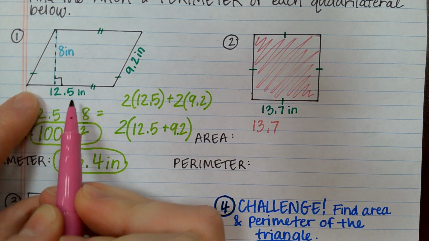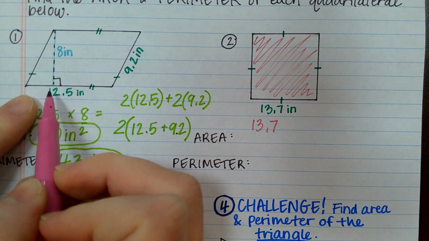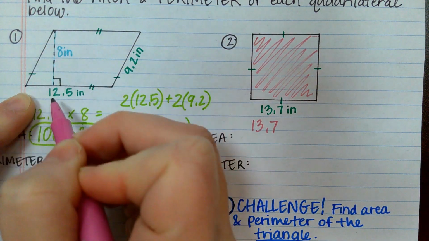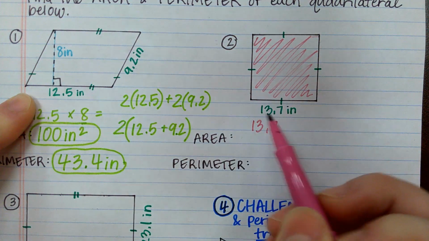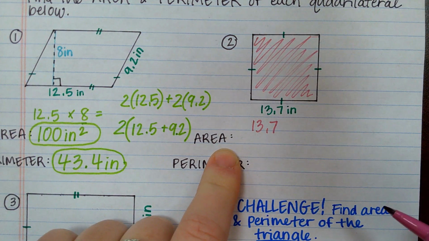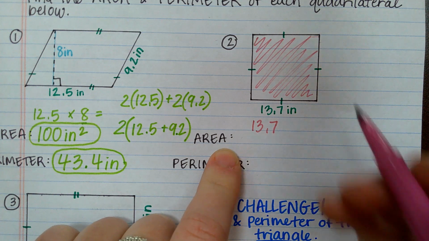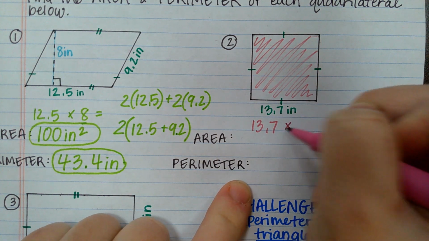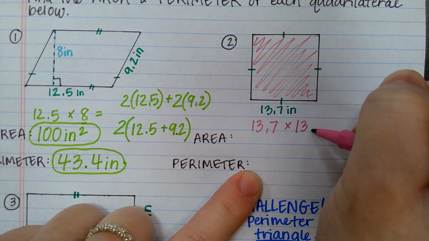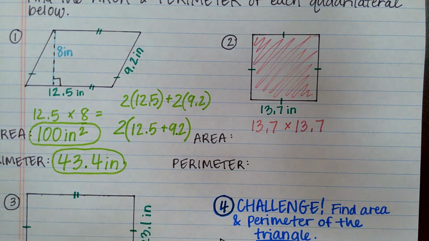So whenever we did the parallelogram, we took the base, the bottom side, times that width or that height. Is my width 2? Oh, 13.7 times 13.7? Good. Yes, we want to do side times side. 13.7 times 13.7. Super common mistake.